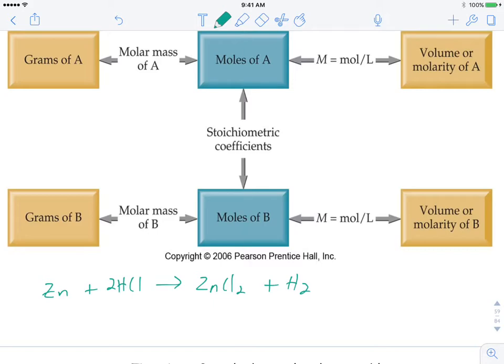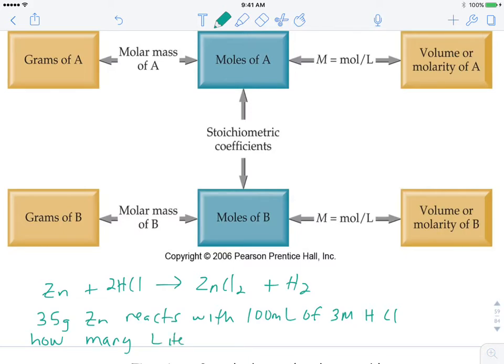And I give you a reaction where 35 grams of zinc reacts with 100 milliliters of 3 molar HCl. And I ask you in the problem, how many liters of hydrogen gas are produced at STP?